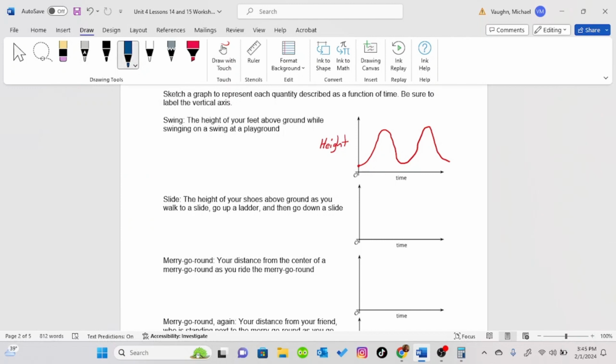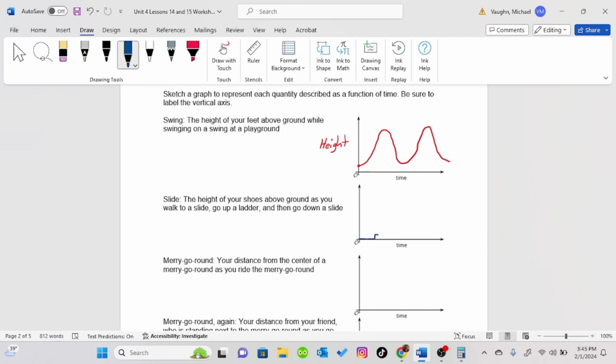For the second one, we're talking about a slide. We're following the height of your shoes above the ground as you walk to a slide, go up a ladder, and then go down a slide. So my shoes are going to start out on the ground, and as I walk, they're on the ground. One is being picked up, but the other one is staying on the ground.